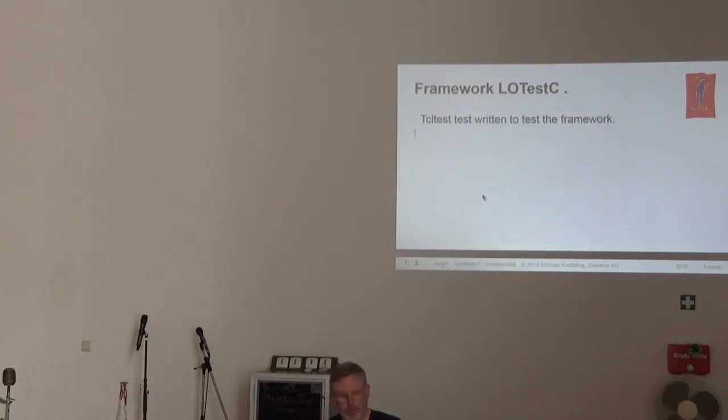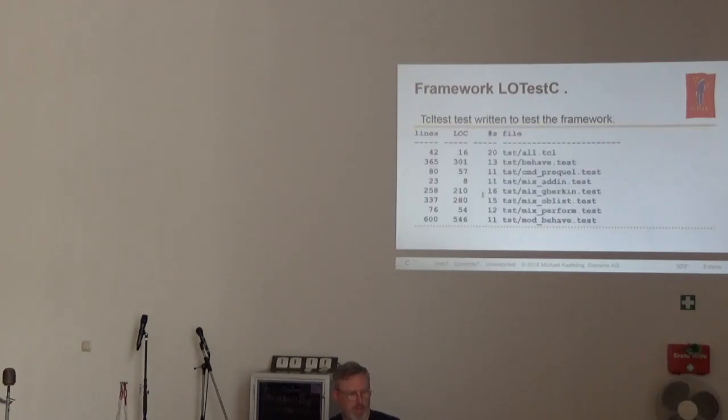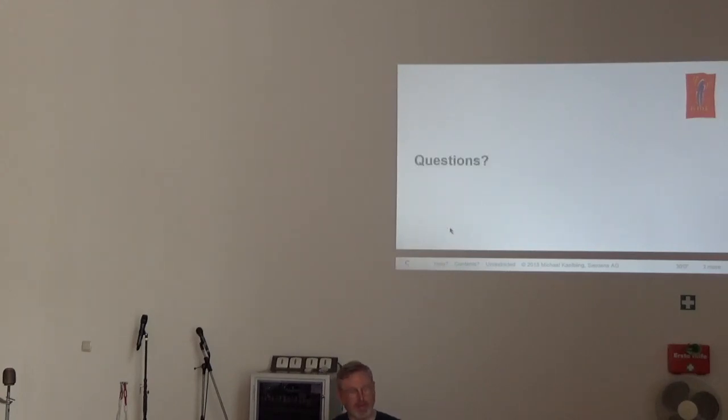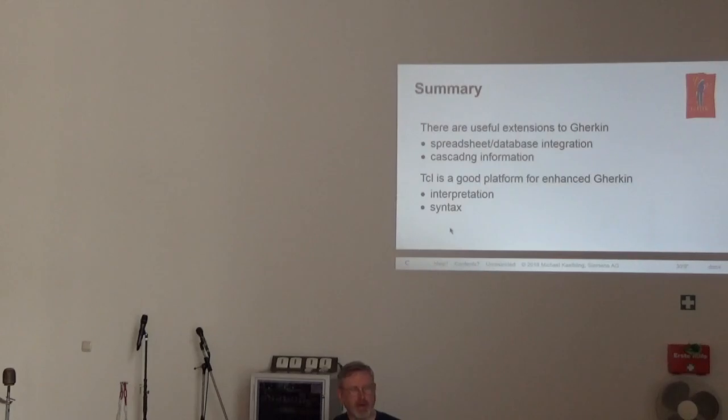And then I counted the tests separately. And fortunately, I ended up with more lines of test code than lines of source code. So I'd like to answer any questions now, and just to summarize, there are good extensions, but the cascading information seemed like a good idea.